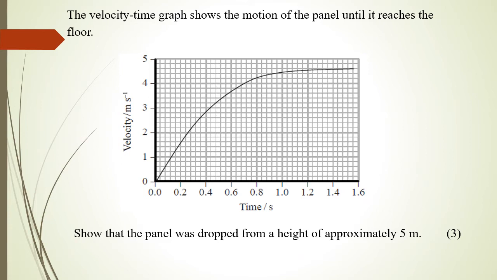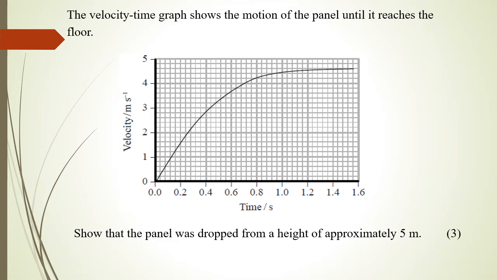The velocity-time graph shows the motion of the panel until it reaches the floor. Velocity is given in meter per second, time is given in second. The x-axis and y-axis are labeled, and the graph is given.